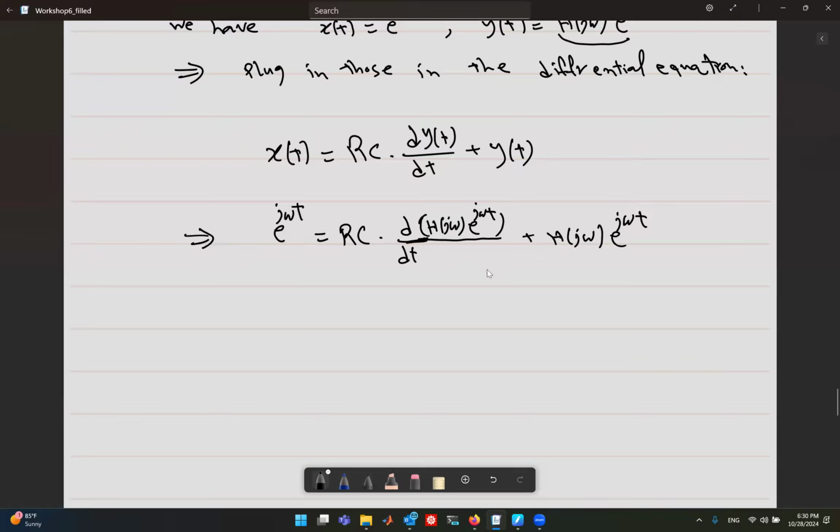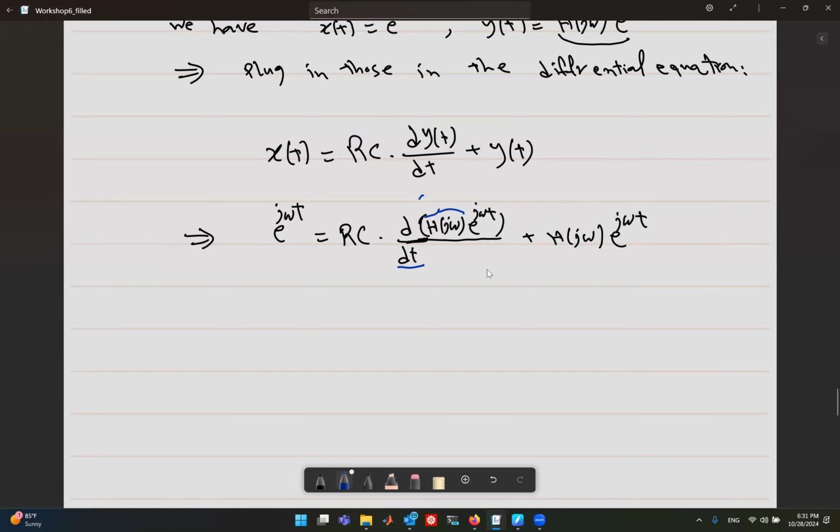Notice here that this one is not a function of time, right? Yes. We are doing the derivative in terms of t.